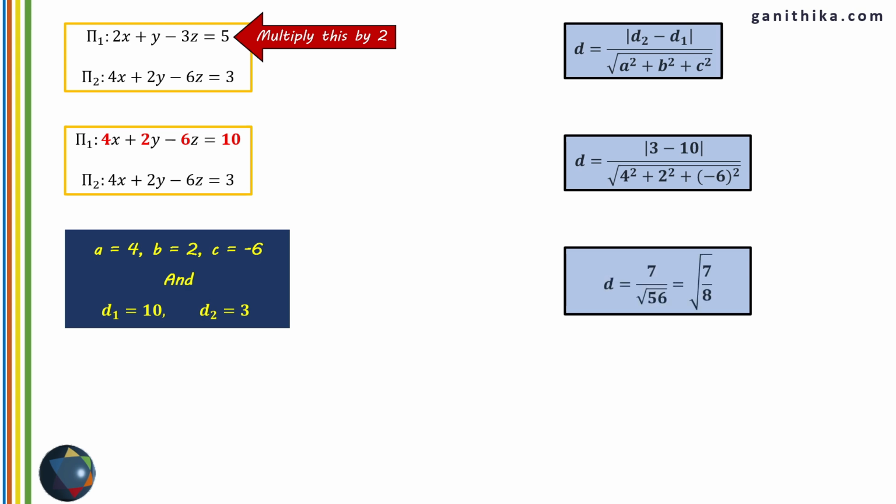That's it. You are getting 7 over square root of 56, which can be simplified to square root of 7 over 8. It's okay if you give the answer as 7 over root 56. I'm just simplifying it for the sake of simplifying.